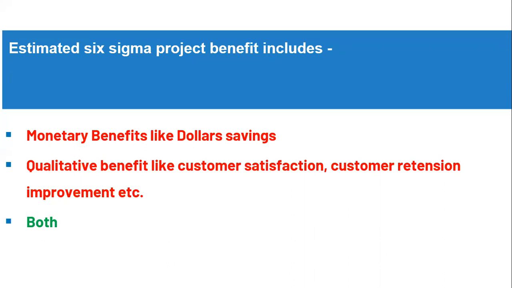As we already talked about, if you have customer satisfaction, you can retain the customer, and to retain the customer, you can definitely have more dollar savings, or more revenue in the form of dollars. That is why both of these are Six Sigma project benefits.